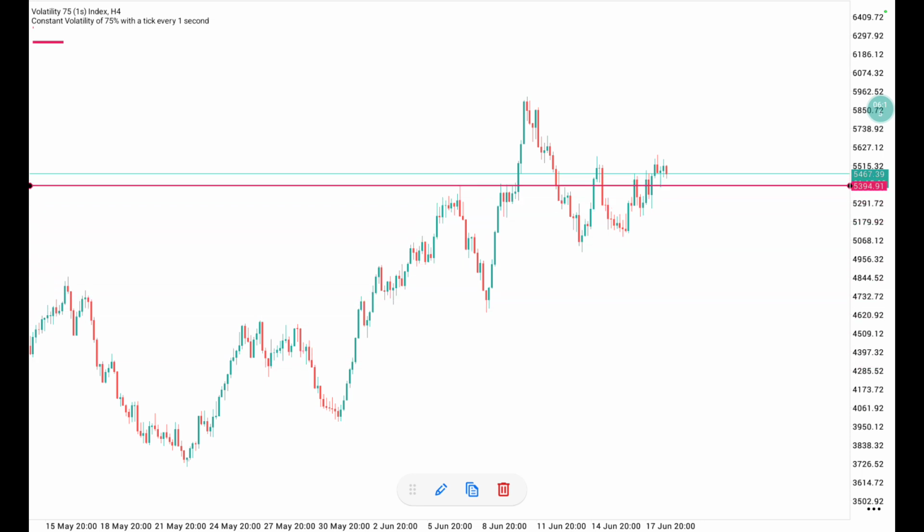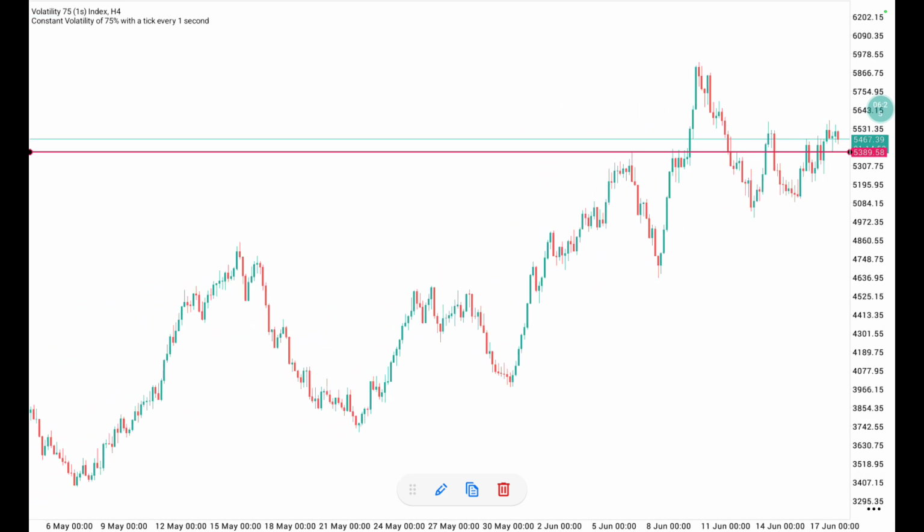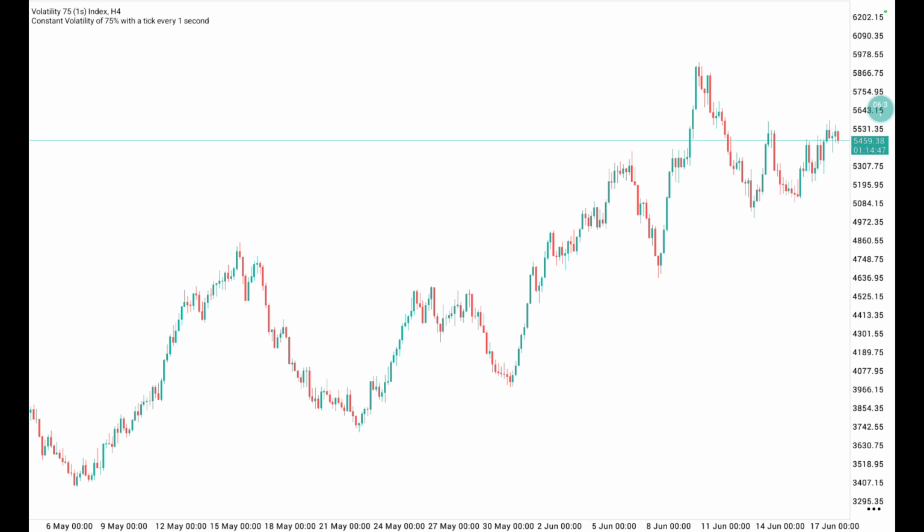How about up here? There is a break of structure. Here, there is a break of structure. The body of the candle doesn't close above that place. See? So this is the concept of break of structure and displacement.